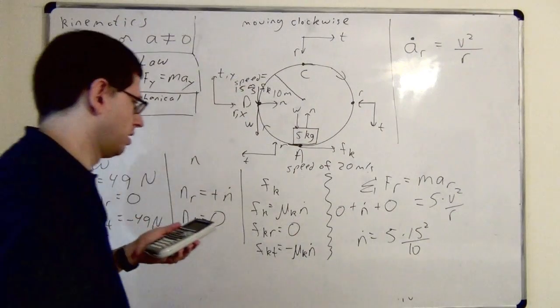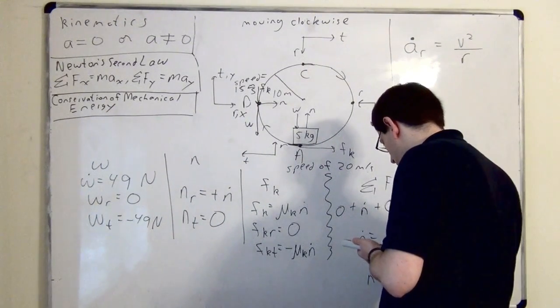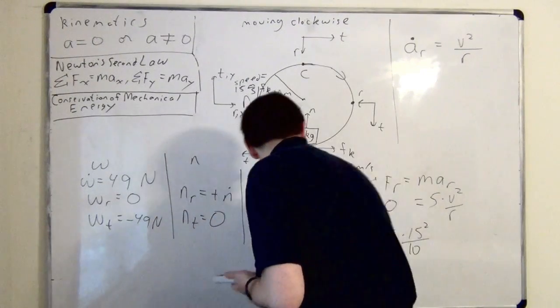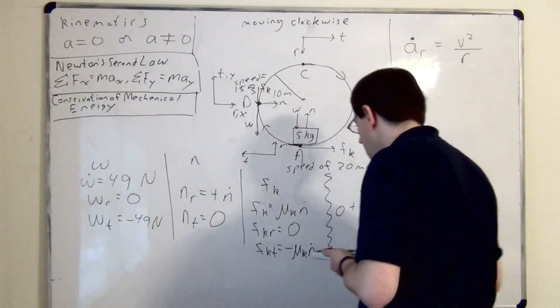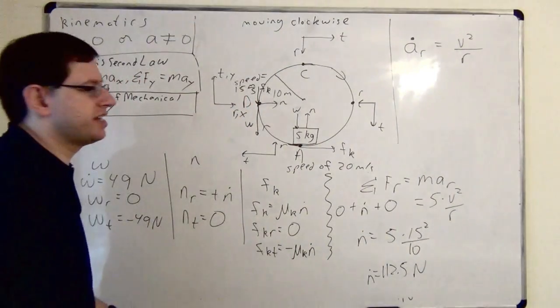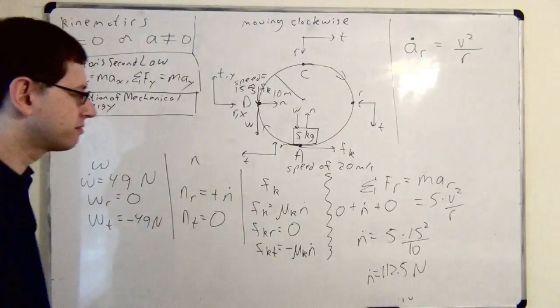N would be 112.5 newtons. Okay, and you could go ahead and now do the tangential equation, but that probably usually won't be important on tests, so we'll just stop with this.